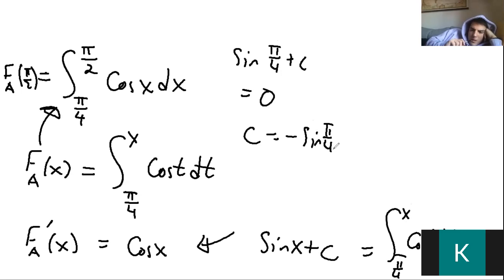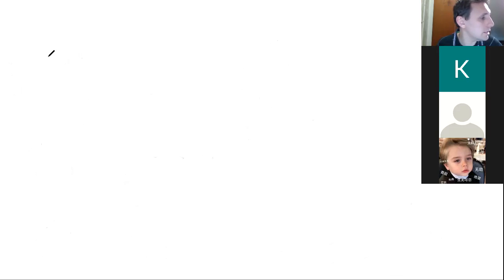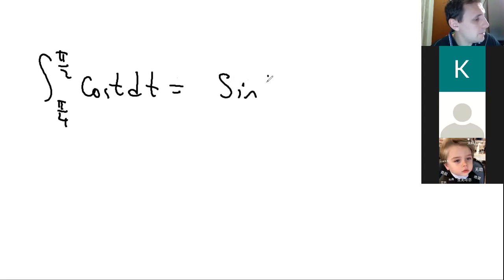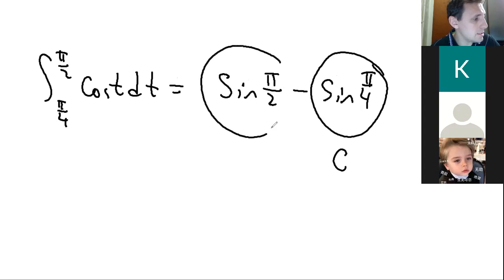You see what just happened here? I guess that sine is an antiderivative. So what happened here is that the integral from pi over 4 to pi over 2 of cosine t dt is simply sine of pi over 2 minus sine of pi over 4, because that was my constant c.